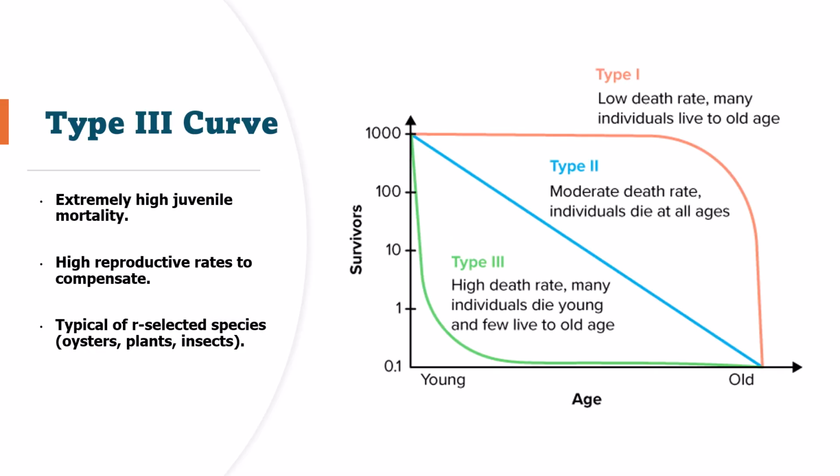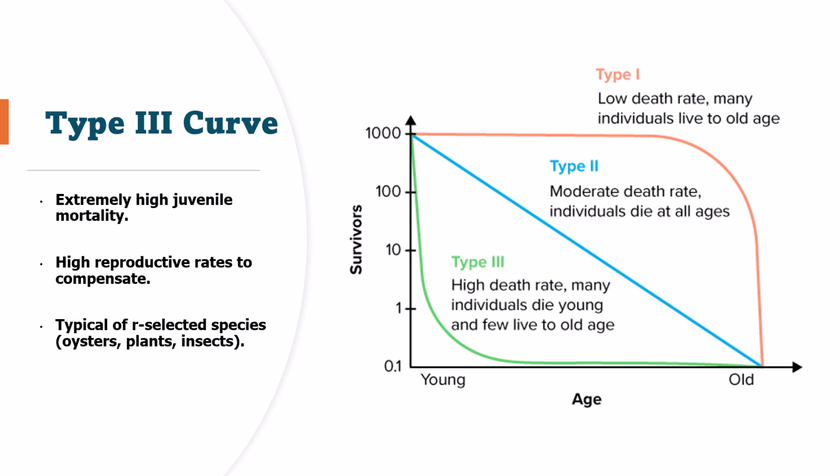Type 3 species produce a huge number of offspring because most will not survive past childhood. For example, think of a sea turtle laying hundreds of eggs on a beach with only a handful reaching maturity, or a tree dispersing thousands of seeds, most of which never sprout.